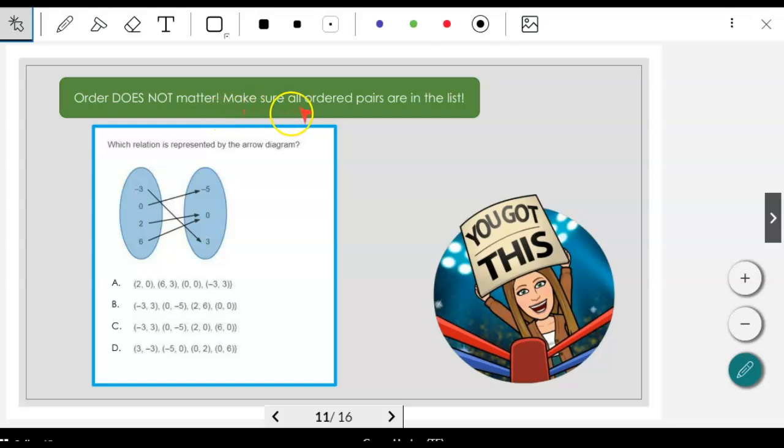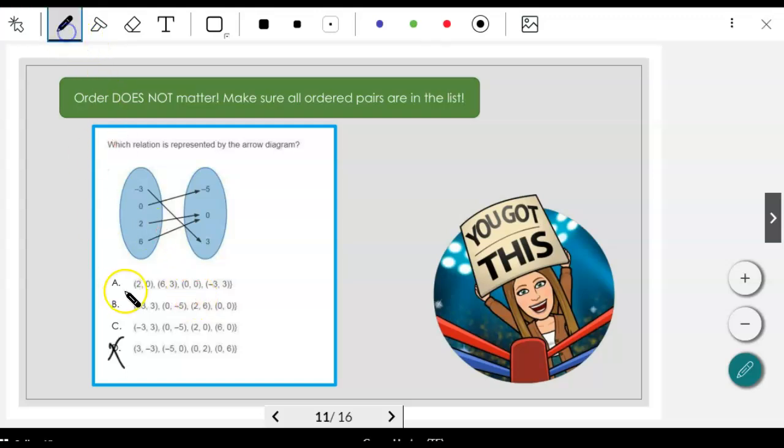Order does not matter. Make sure all the ordered pairs are in the list. Okay, so -3, 3. That one's good. It's here as well. Here. Okay, it's not here because those are reversed. So let's eliminate D. The next ordered pair is 0, -6. Don't see it here.